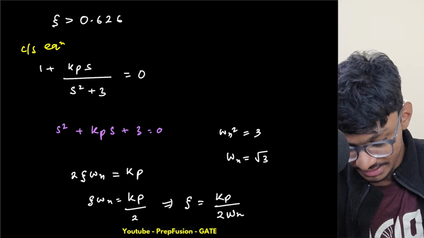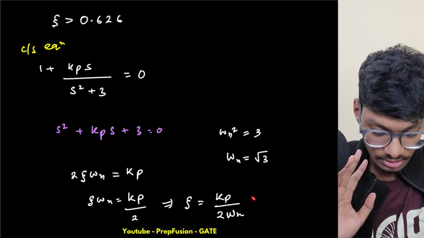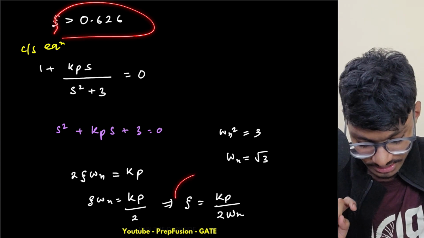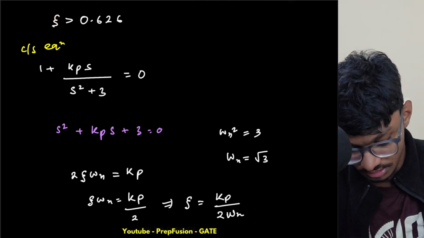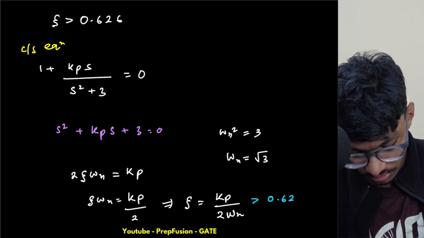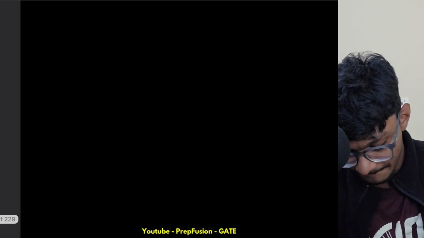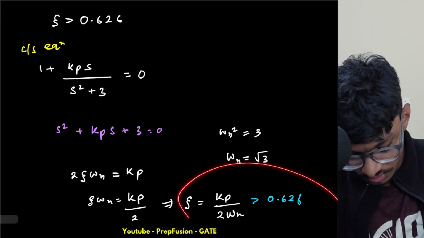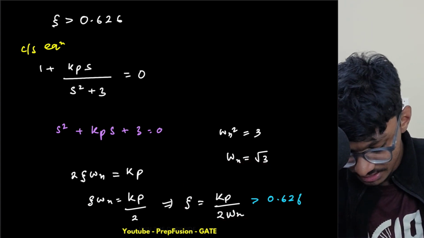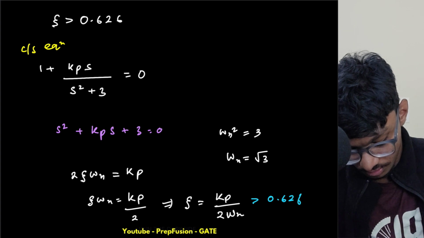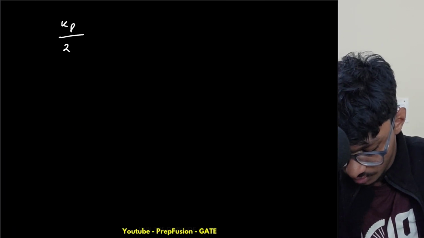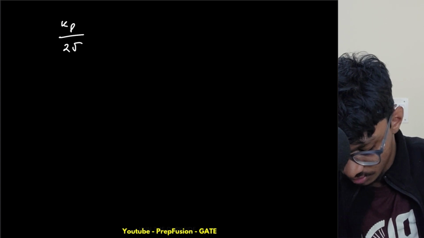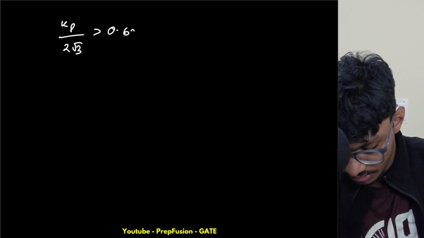So basically my zeta has to be greater than this, right? Zeta is this, so it has to be greater than 0.626. So if zeta is greater than 0.626, that means Kp by 2 under root 3, since omega n is under root 3, has to be greater than 0.626.